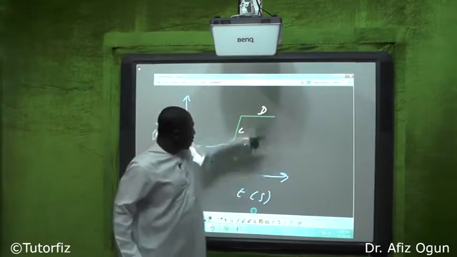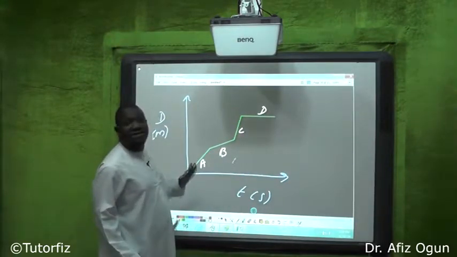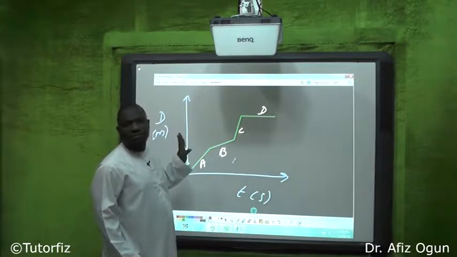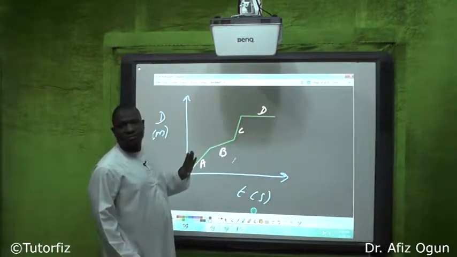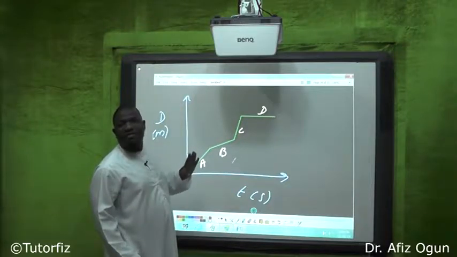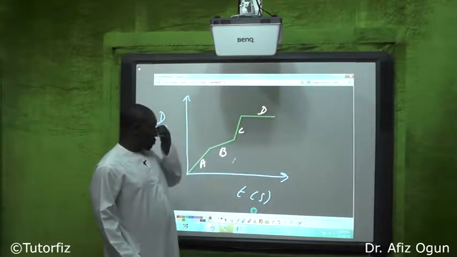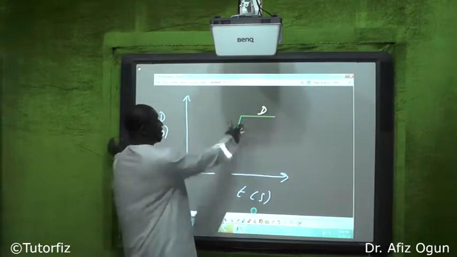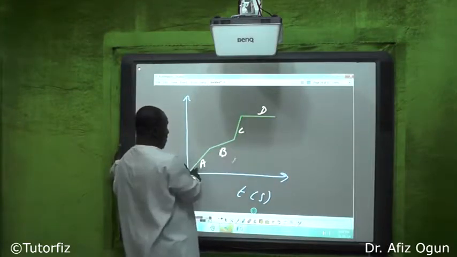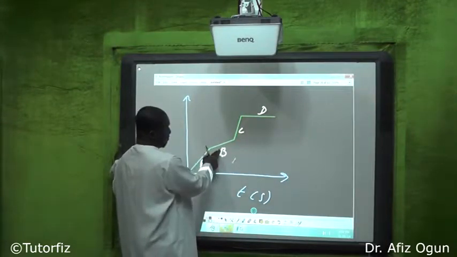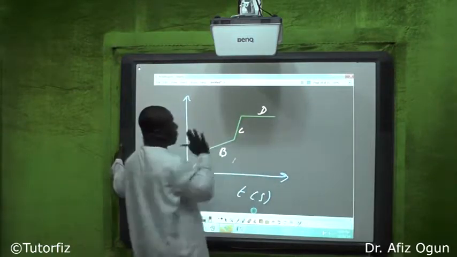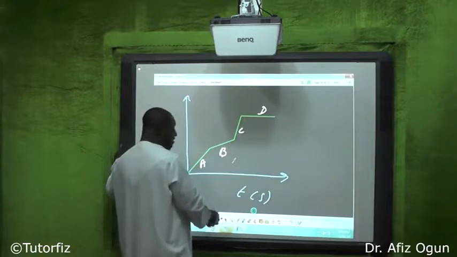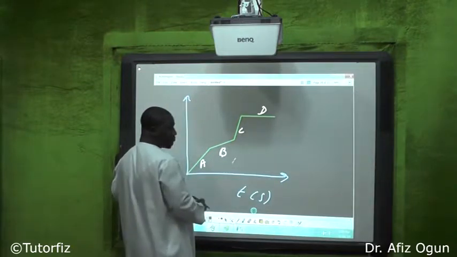It is parallel to the horizontal axis. It means it's at rest. It stopped. Time is moving, but distance is not moving. So this tells you that it is moving fast, slowing down, moving fastest, and not moving at all.